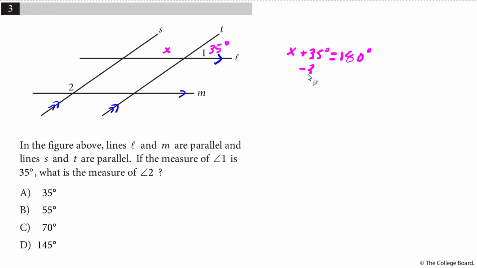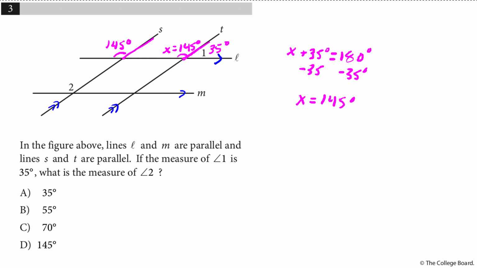And by subtracting 35 degrees from both sides, I can see that x will equal 145 degrees. And then, since S and T are parallel, this angle here will be congruent to this angle here because they are corresponding angles.